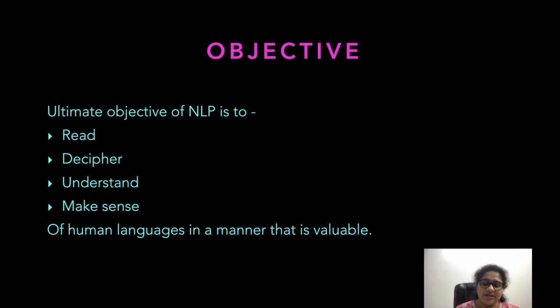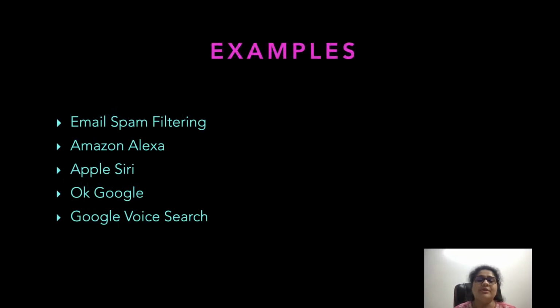So I hope the objective and introduction, what all we understand from NLP, is clear. So we will now move towards the examples of NLP. Where NLP is actually very useful: we will use NLP in email spam filtering. You guys must be using an email account, Gmail, Rediff, Yahoo, Hotmail, anything, right?